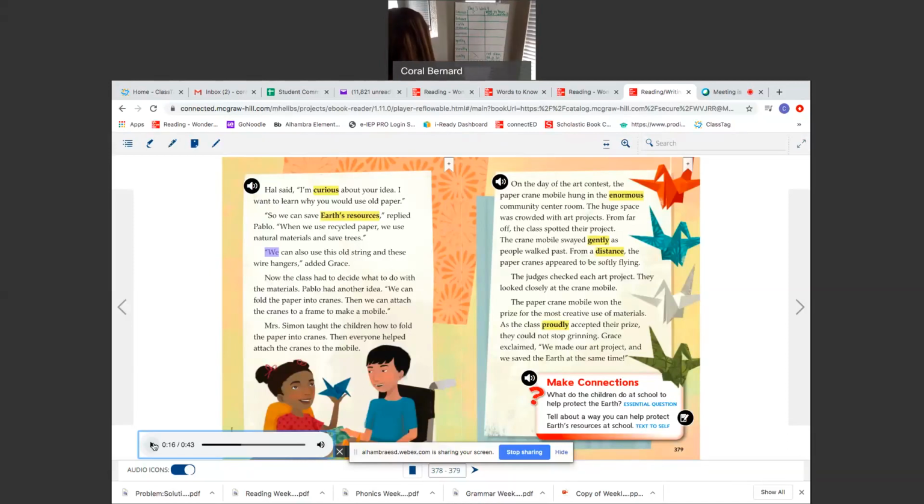I'm going to add that to my anchor chart. Earth's resources. We will say natural things that the Earth gives us. Natural things that Earth gives.